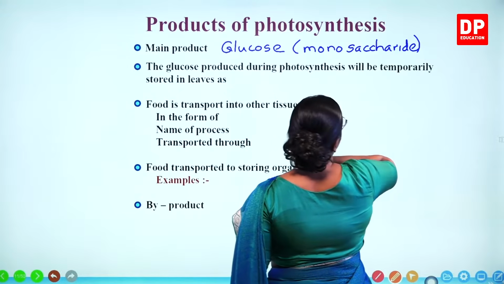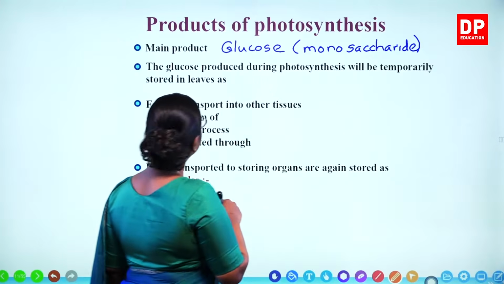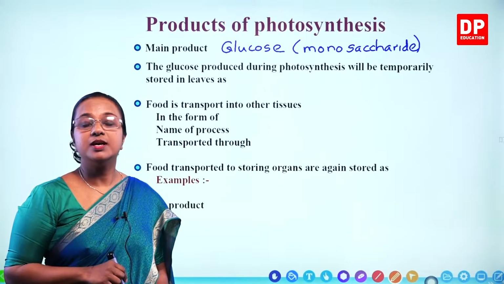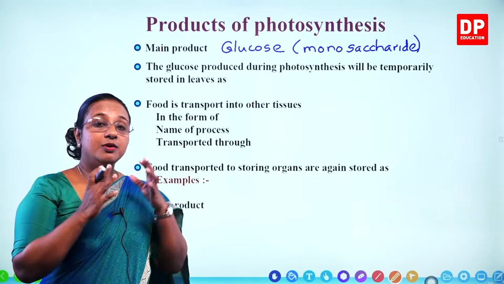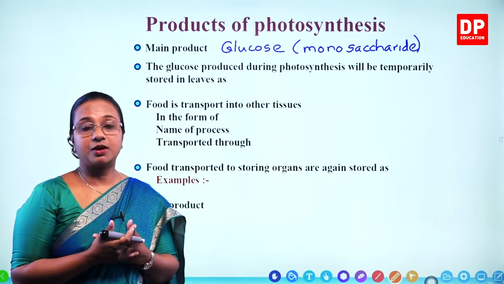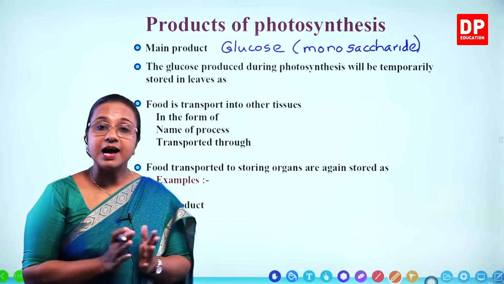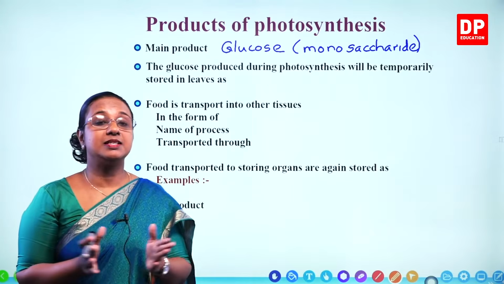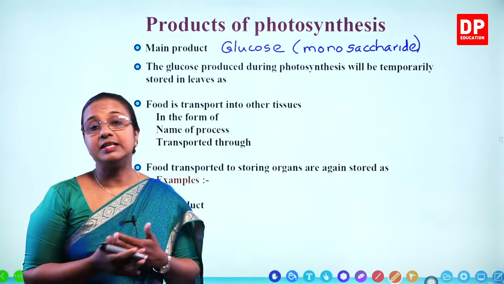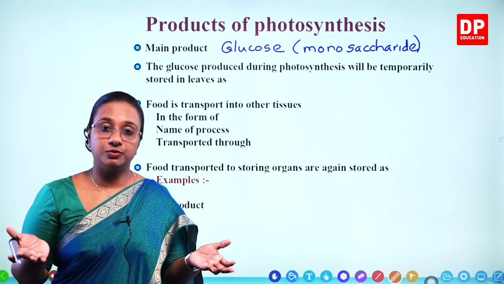And the formula is also familiar to you. Glucose is C6H12O6. Now this glucose that is produced as the main product of photosynthesis is there in plant leaves. It's present in the mesophyll cells, but it cannot be stored in the mesophyll cells as glucose.